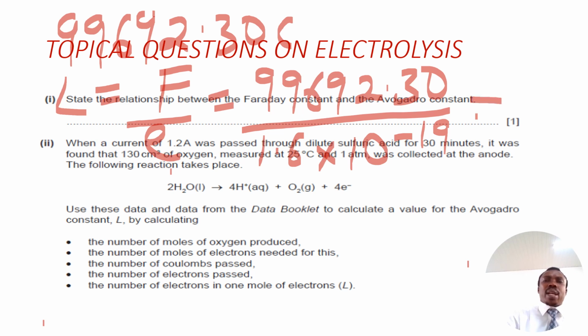So if I'm to use my calculator, 99692.30 divided by 1.6.